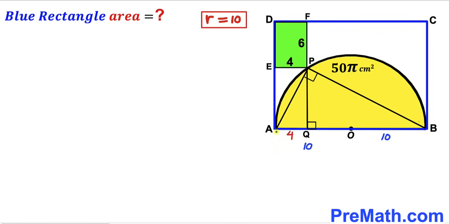Now we know that the whole diameter AB is 10 plus 10, which gives us 20 centimeter. And we know this segment AQ is 4, so this segment QB is going to be 20 minus 4, which gives us 16.